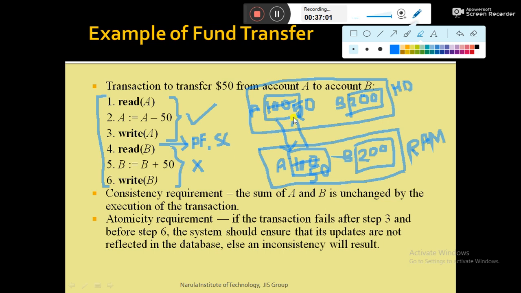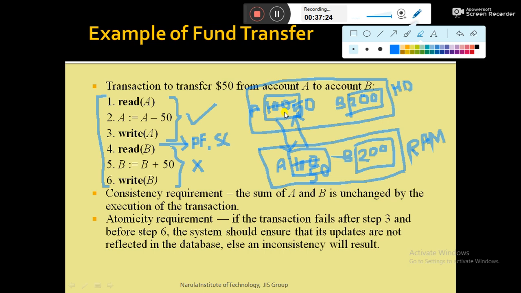That is why the data items are updated partially, and the database becomes inconsistent, and that kind of inconsistent state is not desirable at all in any kind of transaction operation. So to overcome this kind of situation, the atomicity property is introduced.